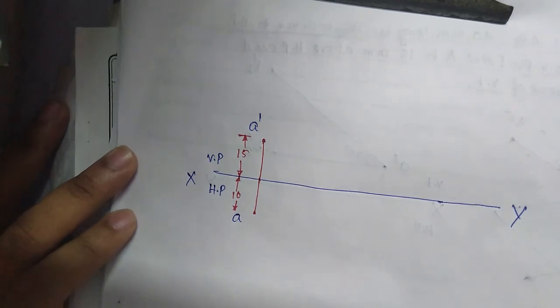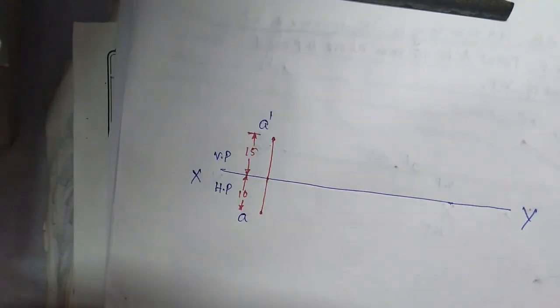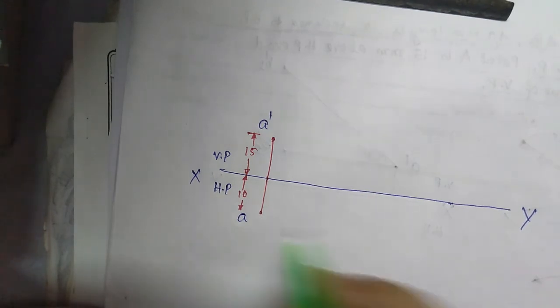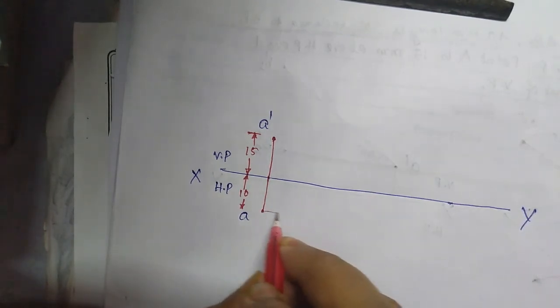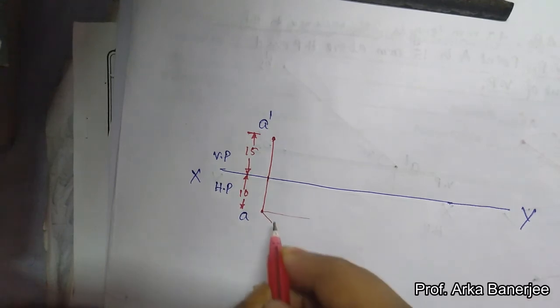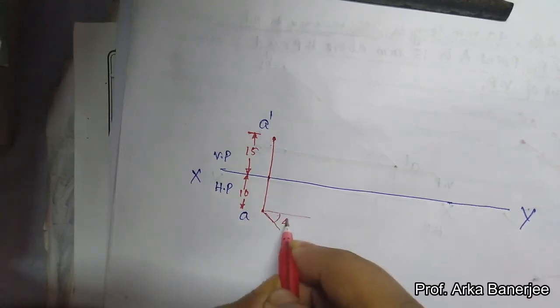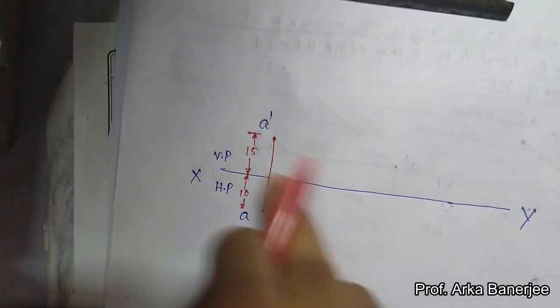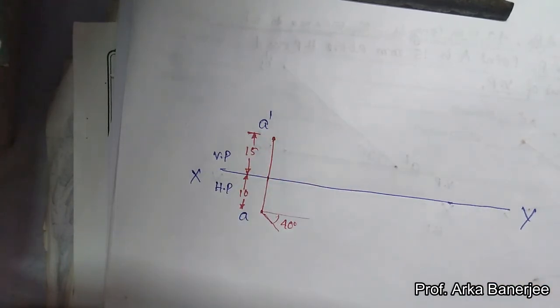Now what is the angle with vertical plane? The angle with vertical plane is 40 degree. So this angle with vertical plane will be visible here on the horizontal plane. So you need to draw a 40 degree inclined line with the vertical plane or with the reference line.